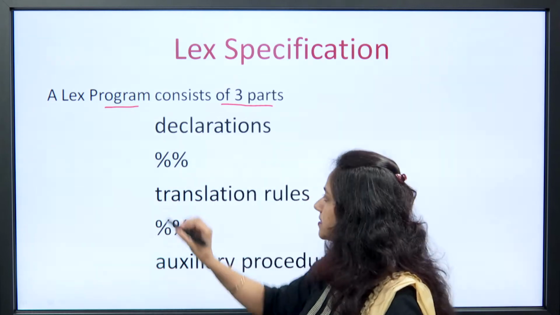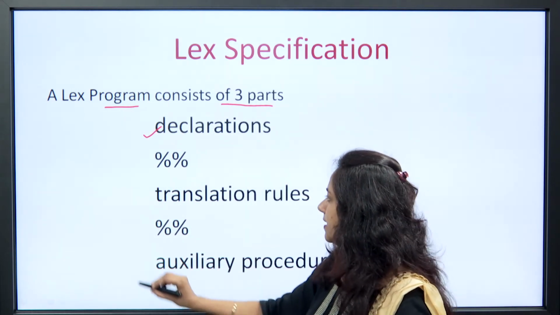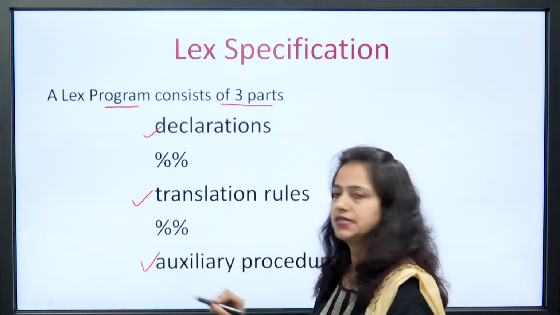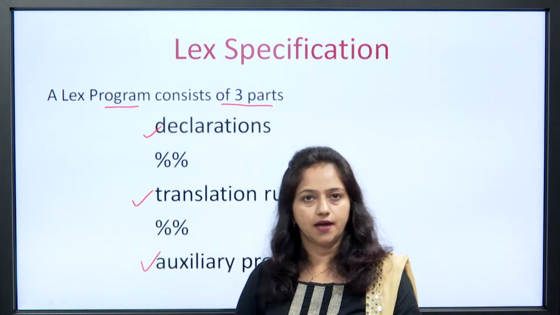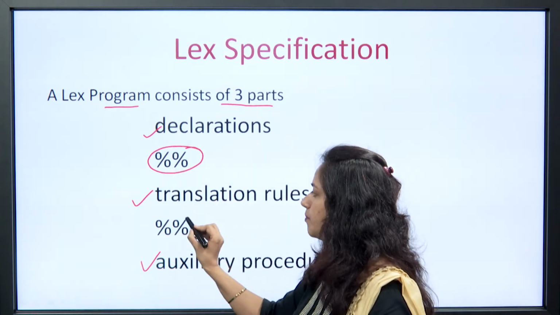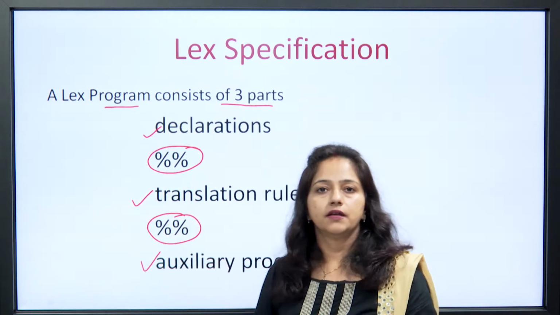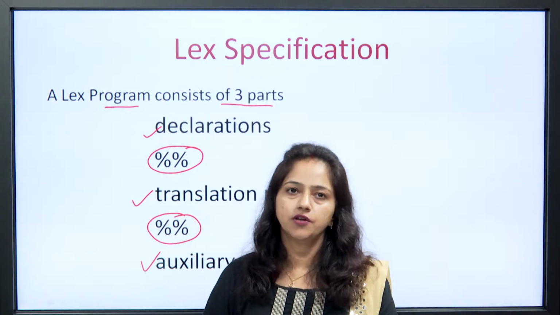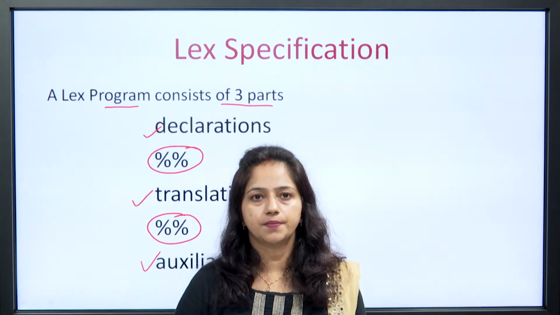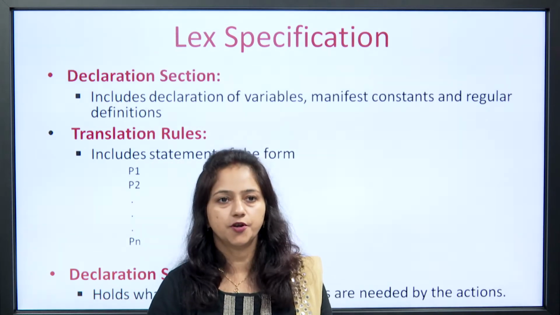First is the declaration, second is the translation rules, and third is the auxiliary procedures. All 3 sections are separated by the double modulus sign. If you implement the tool, you will find these 3 sections: declaration, translation rules and auxiliary procedures, separated by the double modulus sign.